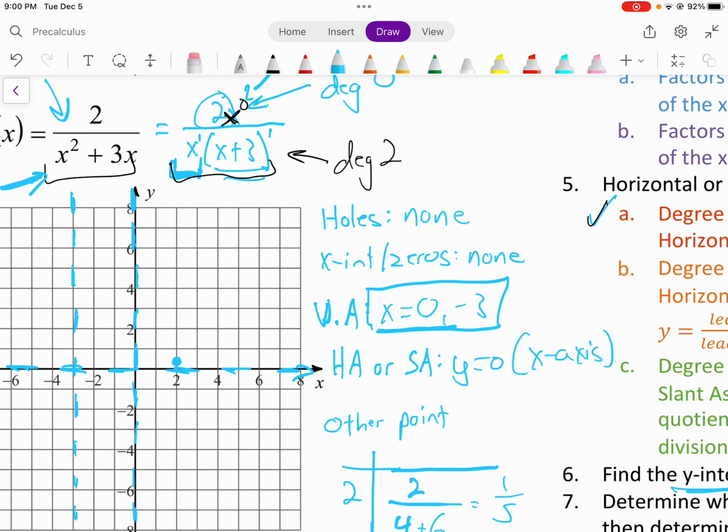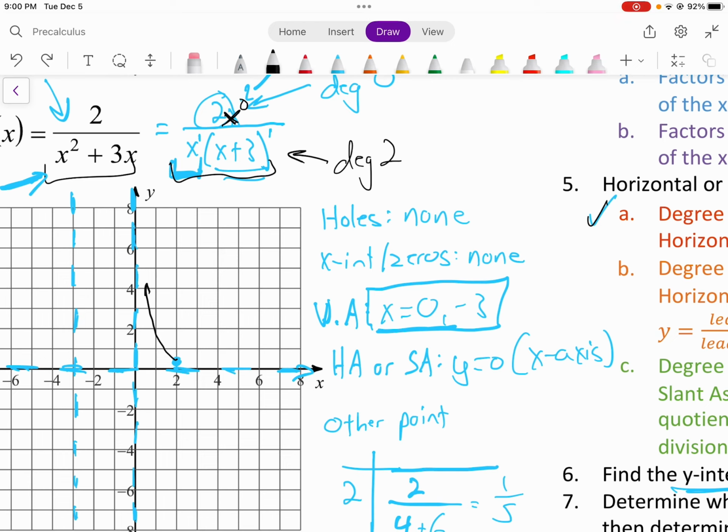And now we can start graphing. We have a vertical asymptote here at 0, so our graph either has to go up like this, or our graph has to go down like this. However, the red does not work because it crosses the x-axis, and we know there are no x-intercepts. So it is not the red, which means it's forced to be the black.